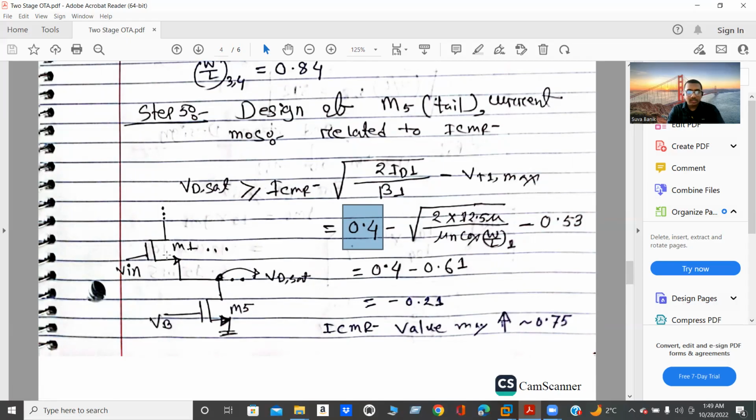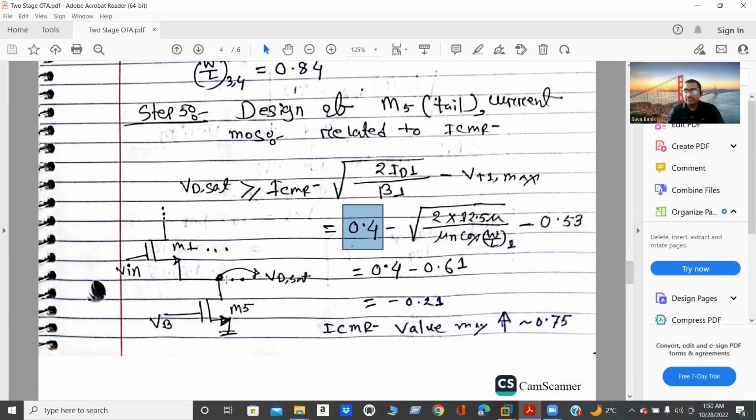If you remember, I'm talking about this M5 transistor, and this Vin is nothing but my input stage. And if you just look at this circuitry, it looks like this. And this VDS is nothing but the drain voltage of my M5.